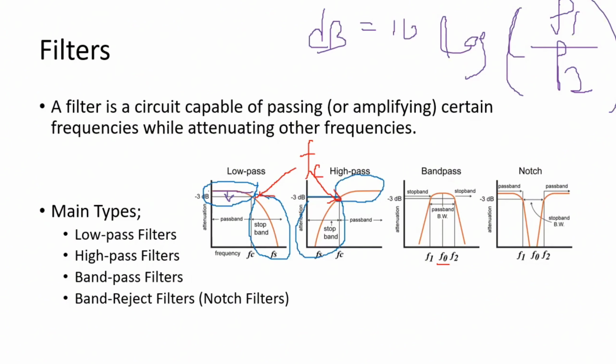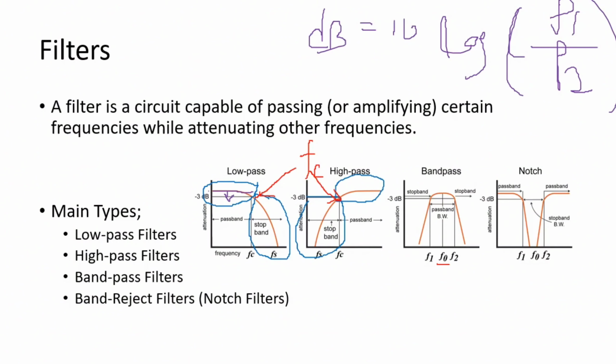When it comes to the low pass or high pass, there is only one cutoff frequency. But in the band pass or band reject, there are two cutoff frequencies, since they do not focus on only the high or low frequencies, but take the middle portion of some frequency range.